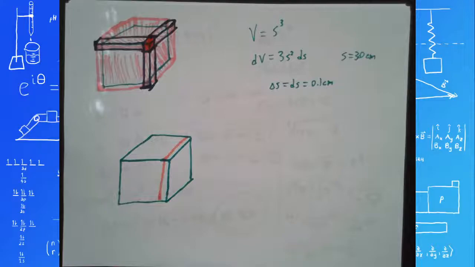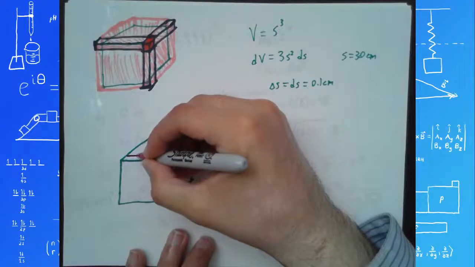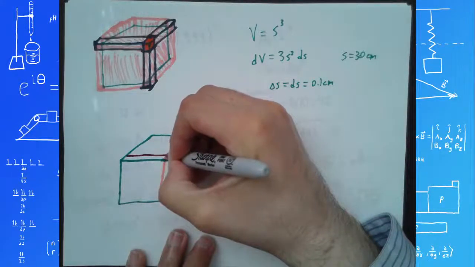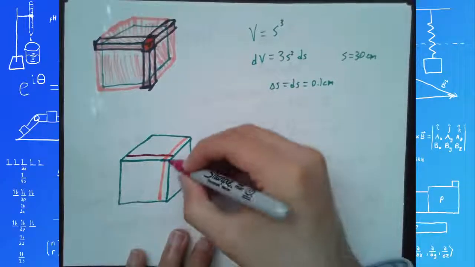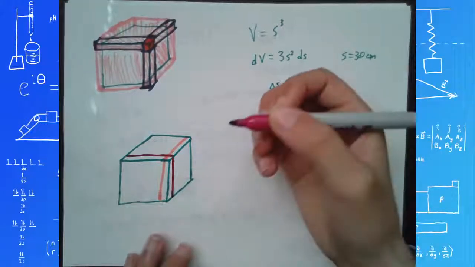I would also, let's do this in a different color. Maybe that'll actually help me draw it better. We'll also subtract out another thin rectangular prism of volume s squared ds over here.